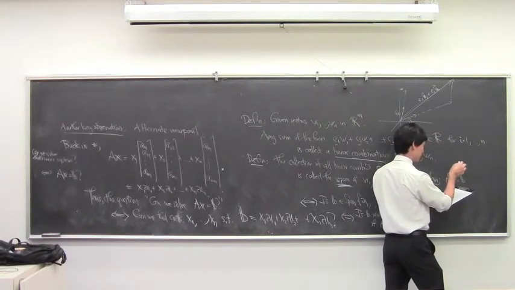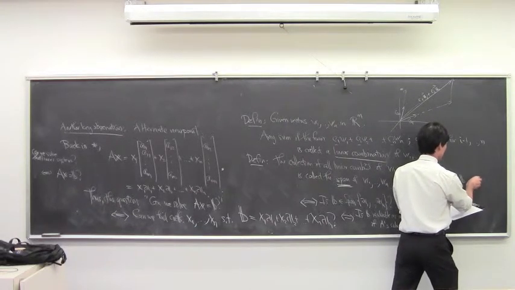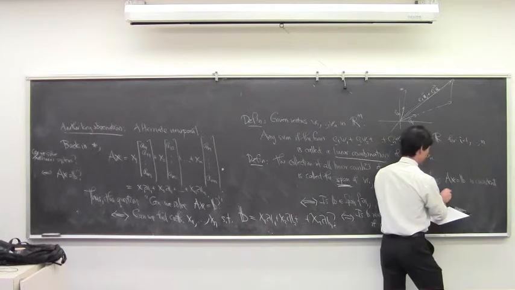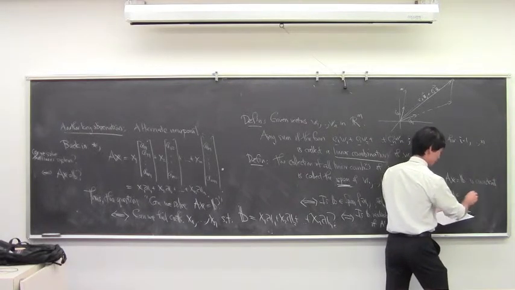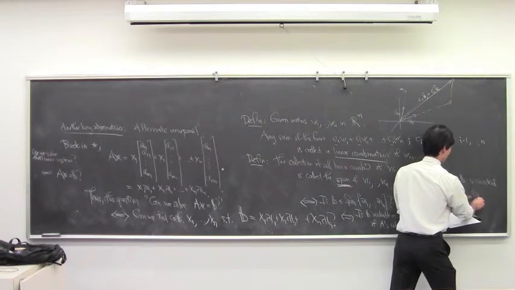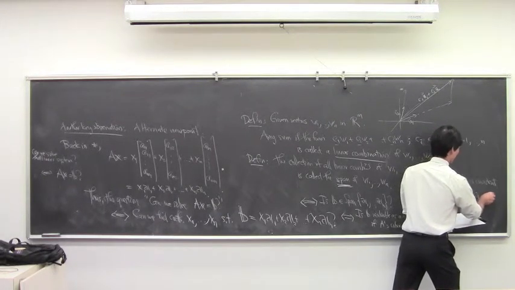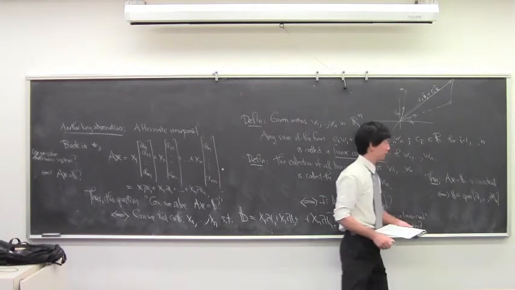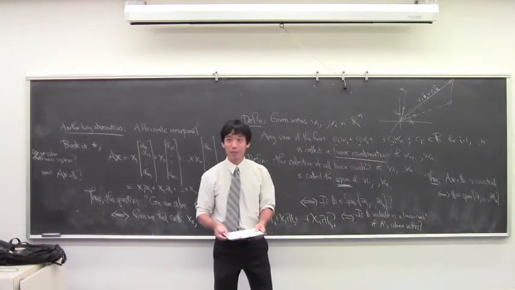They call it the consistency theorem. Ax equals b is consistent if and only if b is in the span. So I've again written up the same thing one more time.